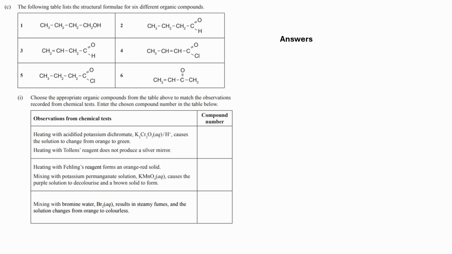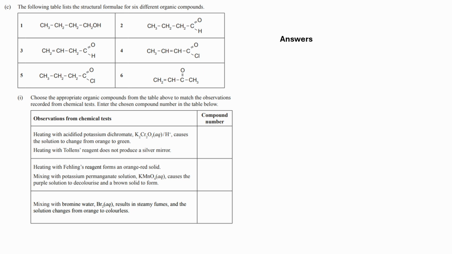Now remember, a silver mirror only occurs when we have an aldehyde, because the silver is only strong enough to oxidize the aldehyde. Sorry, to reduce the aldehyde. Silver 1+ goes to silver, that's going from 1+ to 0. That's reduction. So it will oxidize it. Yeah, that's correct.